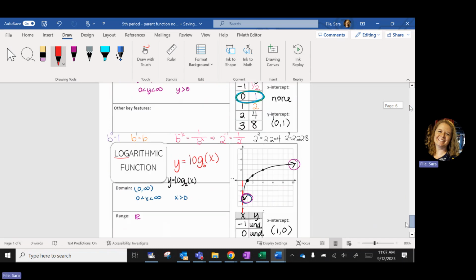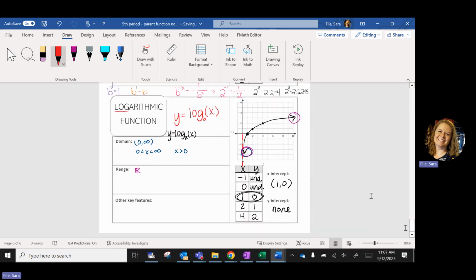So let's go back down there to logs now. For logs, what type of line is this dashed line? It's an asymptote, but what direction is the line going? It's vertical, right? So this would be called a vertical asymptote. So on my other key features, I'm going to say there is a vertical asymptote.